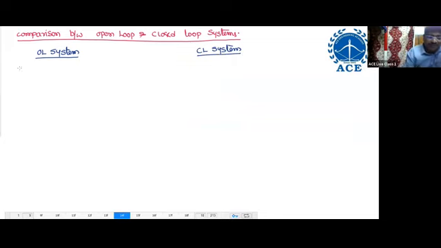First the open loop system. Next the closed loop system.